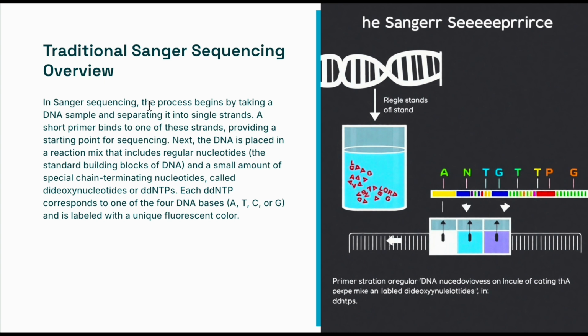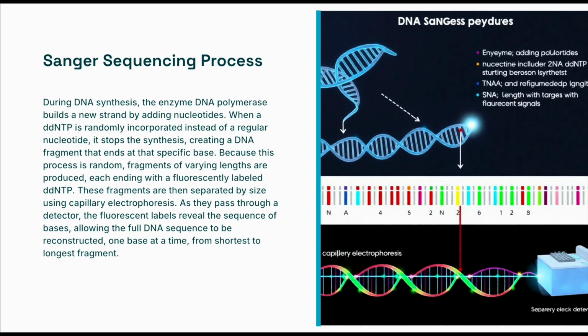During DNA synthesis, the enzyme, which in this case is DNA polymerase, builds what we call a new strand by adding nucleotides. When a ddNTP is randomly incorporated instead of a regular nucleotide, it stops the synthesis, creating a DNA fragment that ends at that specific base.